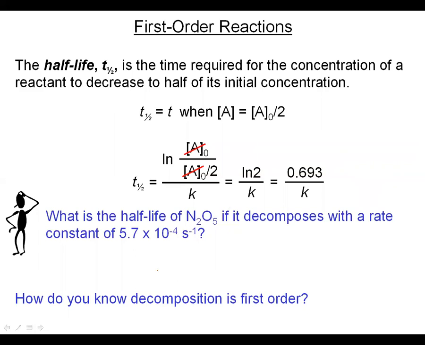And since they gave us that, the natural log of 2 divided by 5.7 times 10 to the minus 4 reciprocal seconds will get us about 1200 seconds, give or take.